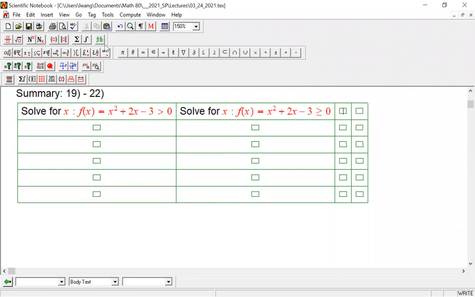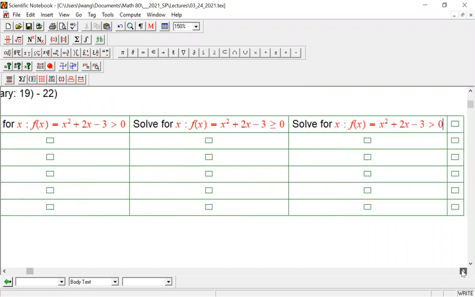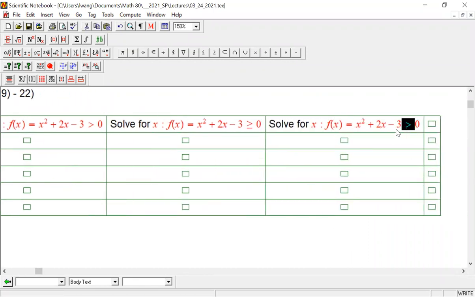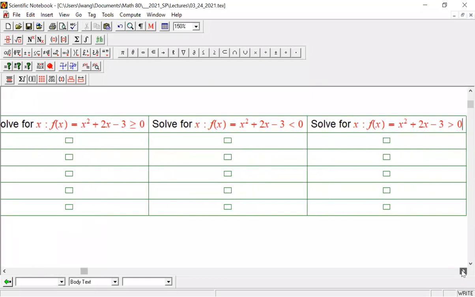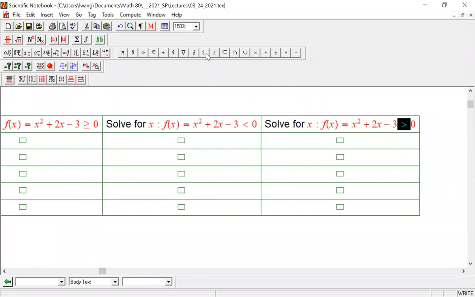And less than 0. And less than or equal to 0. So we have these 4 cases.